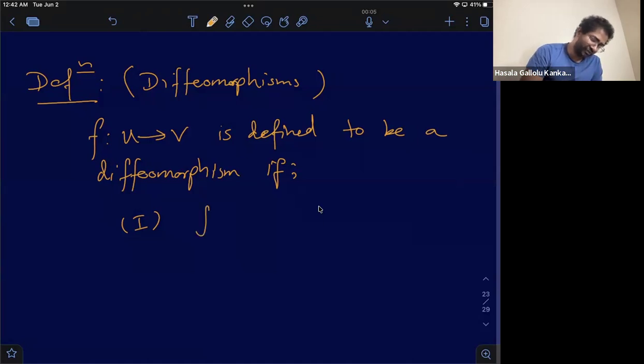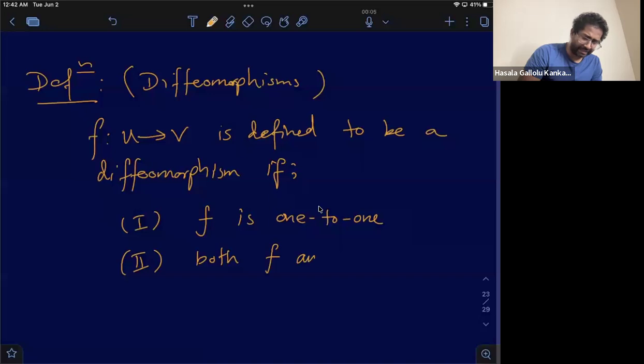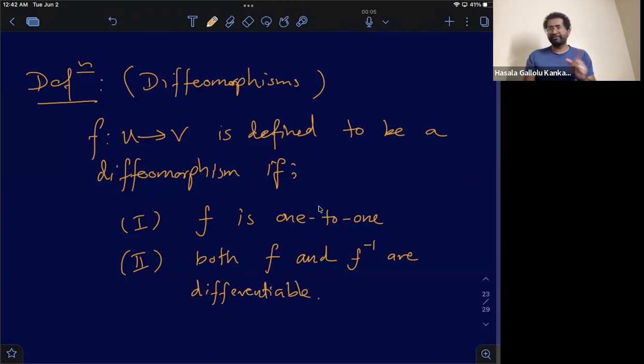So f should be one to one, or injective. The second one, both f and f inverse should be differentiable.